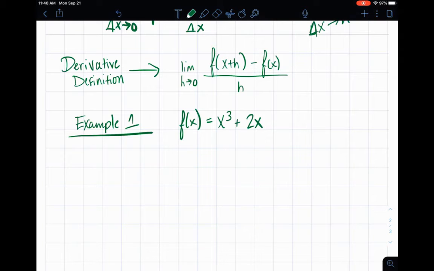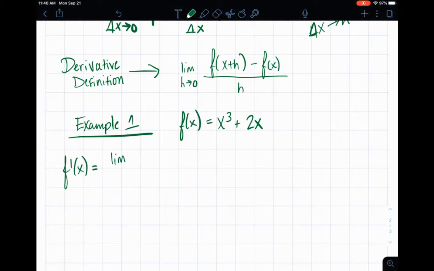One thing in this class, we're going to use this notation for derivatives sometimes. So this is f prime of x. We're going to say the limit as h approaches 0, and we're going to use our definition.